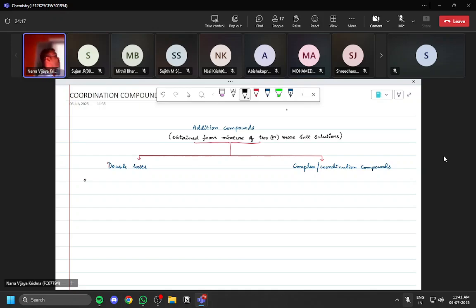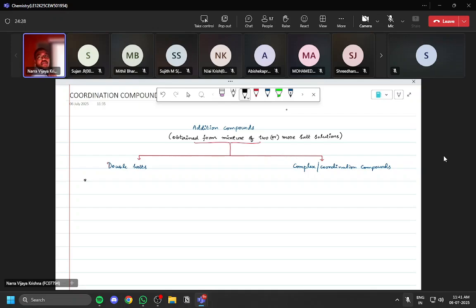Here I am mixing two or more salt solutions. What are the ions present in it? What properties do those individual salts possess? All such properties are retained here. If all such properties are retained, then we call them double salts. If not, complex compounds, right?